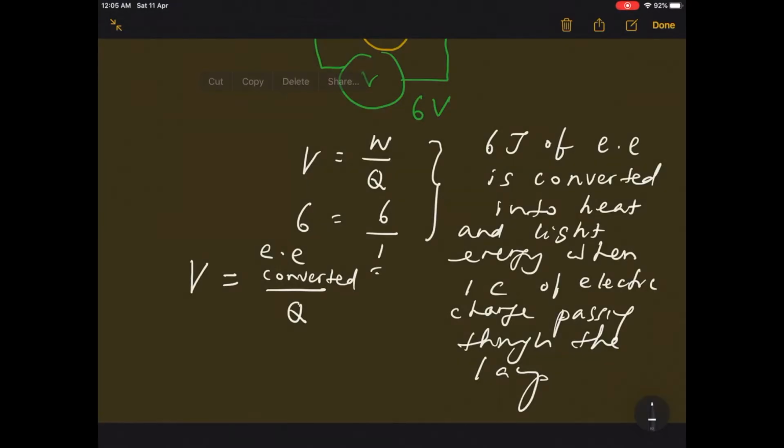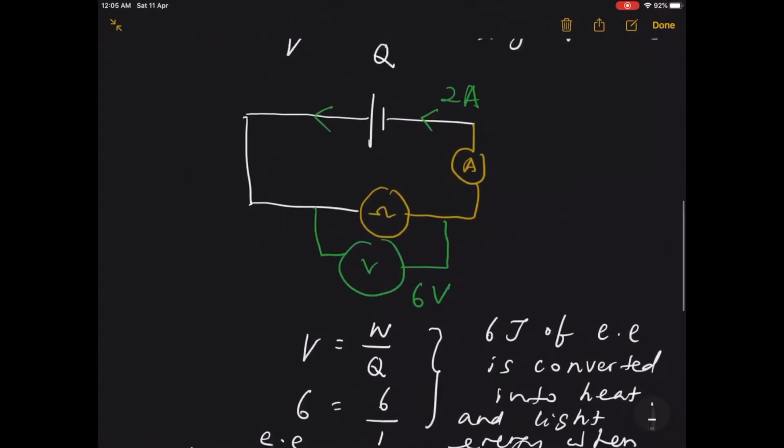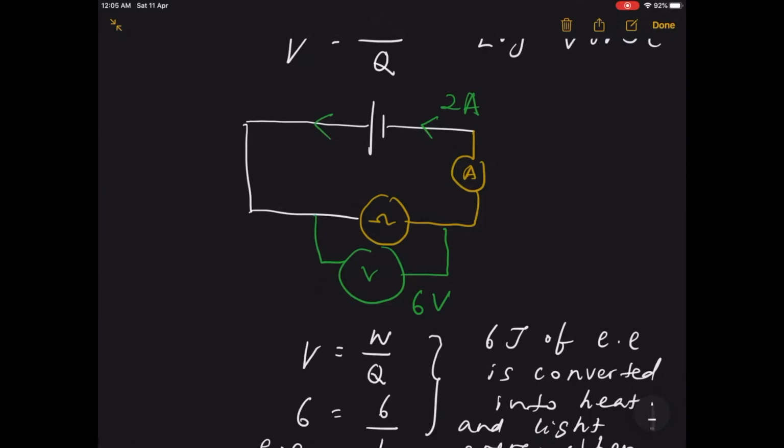So, for current flow, you actually need a battery. What's the role played by the battery? The role played by the battery is to set up a potential difference across any component. In this case, the positive terminal will set up a high potential at one point, and the negative terminal will set up a low potential at one point.